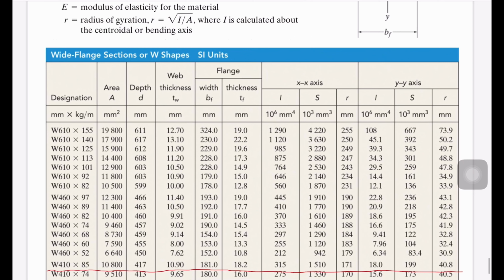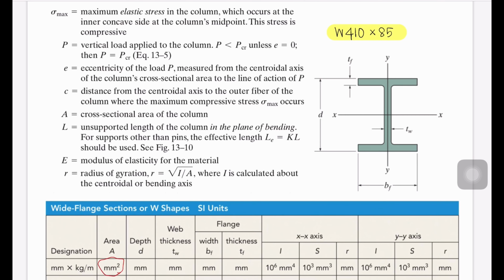From here, you know the area of this column is about 10,800 millimeter square. And the width of flange. If you want to calculate how much C is, C equals BF over 2. So you just take it.